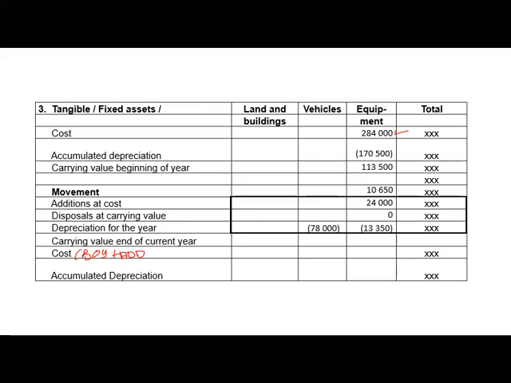And when you add the addition there, which is the 24,000, it'll give you cost at the end of the year, which will be 308,000.